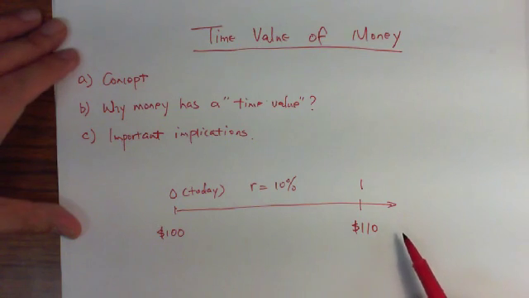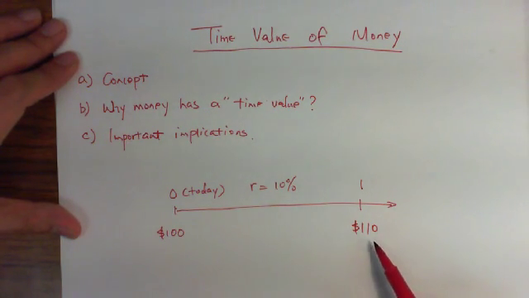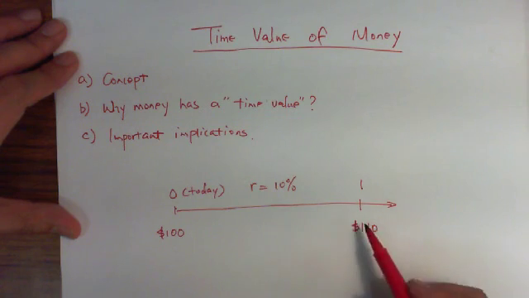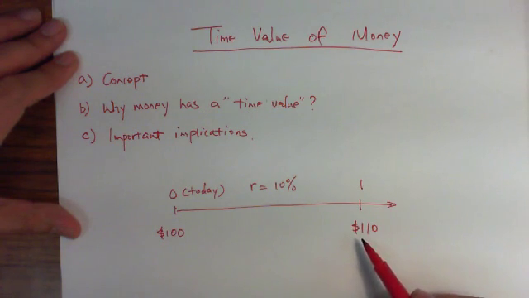Now, of course, this is a sacrifice. That means the owner requires a compensation. The compensation is represented in this example by the extra money received in the future. Now, in this example, at the end of the first period, the owner, in order to cover his sacrifice, requires $10 more back.